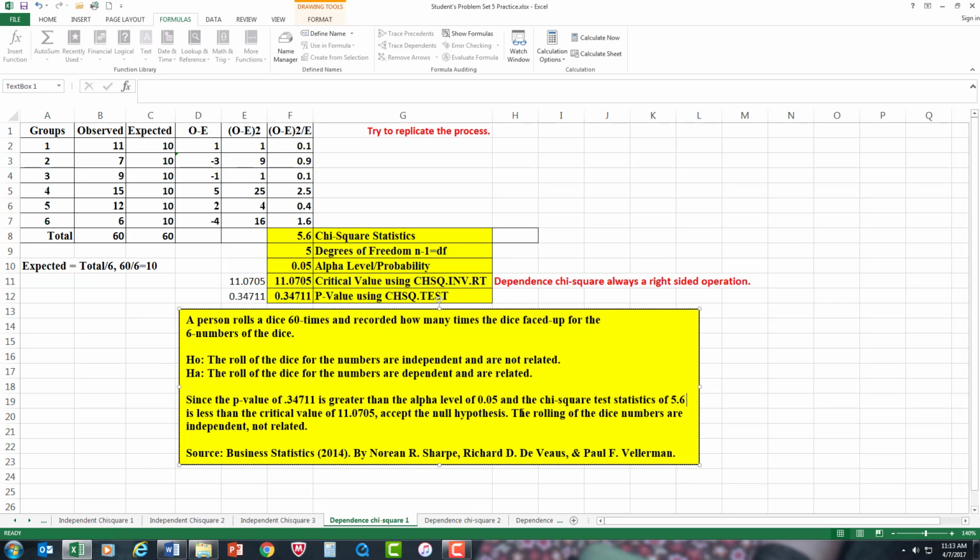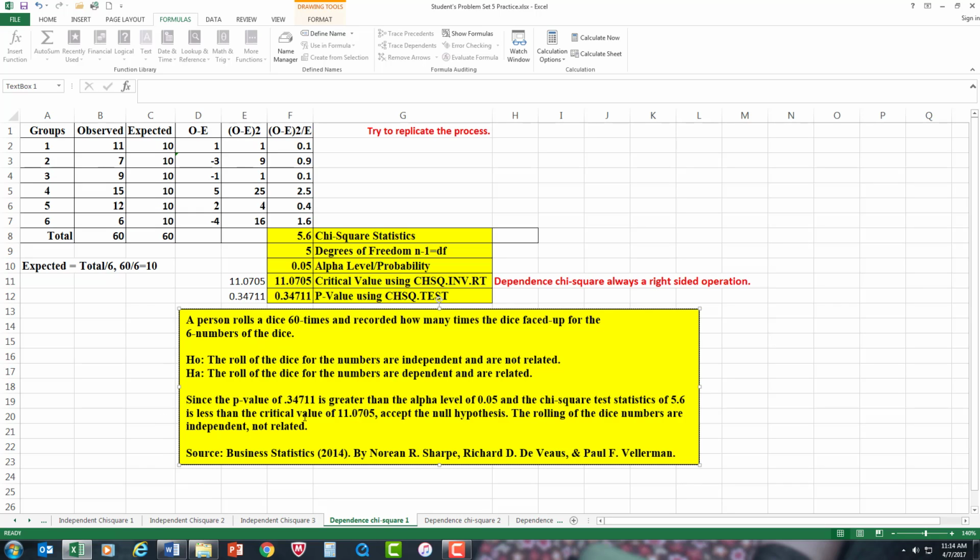The probability level and the chi-square statistic fell, if you draw a bell-shaped curve, within the accept-the-null-hypothesis range. So the rolling of the dice numbers are independent. In other words, they're not related. They don't influence each other in what number you're going to observe every time you roll the dice.